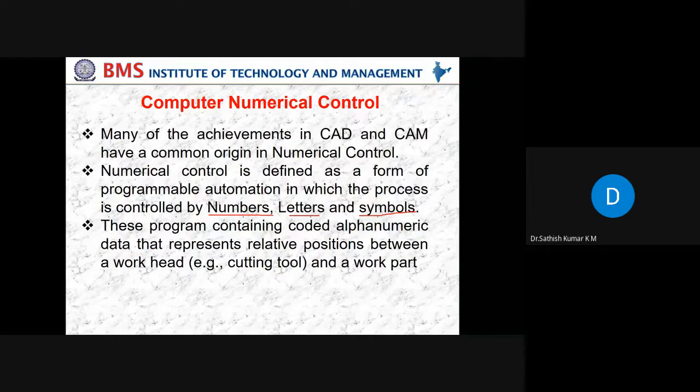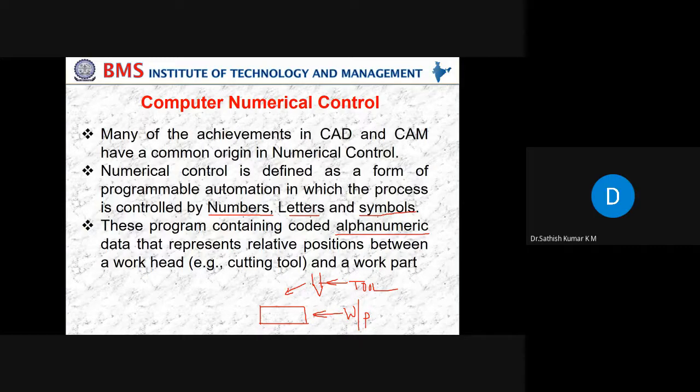These alphabets and numbers we call alphanumeric data. What it indicates is this: if the workpiece is here and the tool is here, it tells about the movement of the tool with reference to the work part.